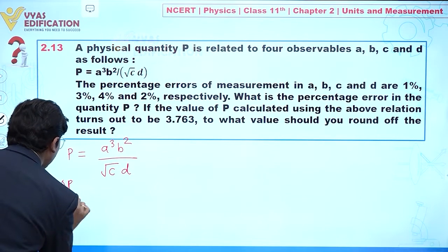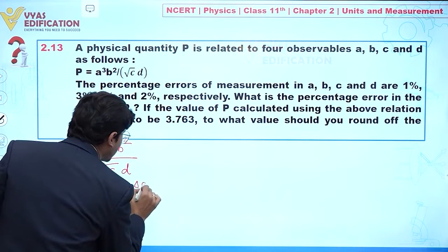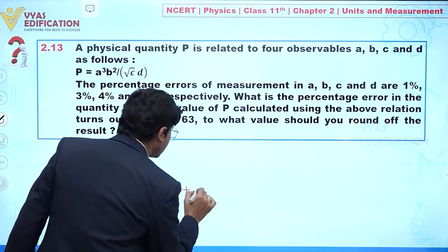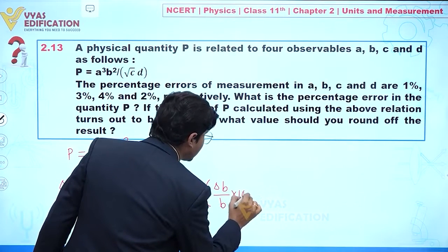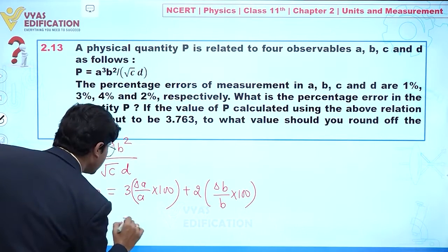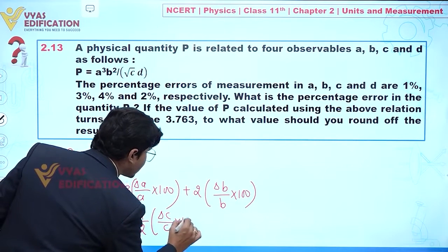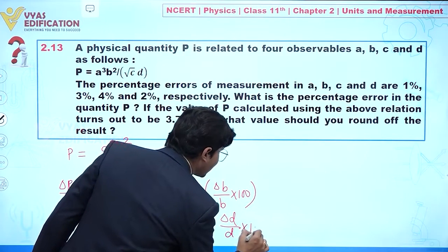So delta P by P multiply 100 is equal to 3 times delta A by A multiply 100, clear, plus 2 times delta B by B multiply 100, clear, plus 1 by 2 delta C by C multiply 100 plus delta D by D multiply 100.